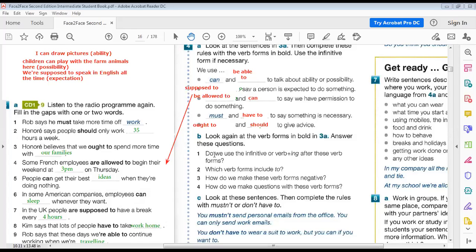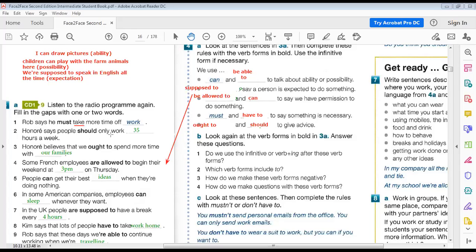Okay, now I want you to take a look at the verb forms in bold in number 3, okay? Answer these questions. Do we use the infinitive or verb plus ing after these verbs? From the examples here, number 1 to 9 on the left. It's infinitive. So if you check all of them, we say must take, infinitive.